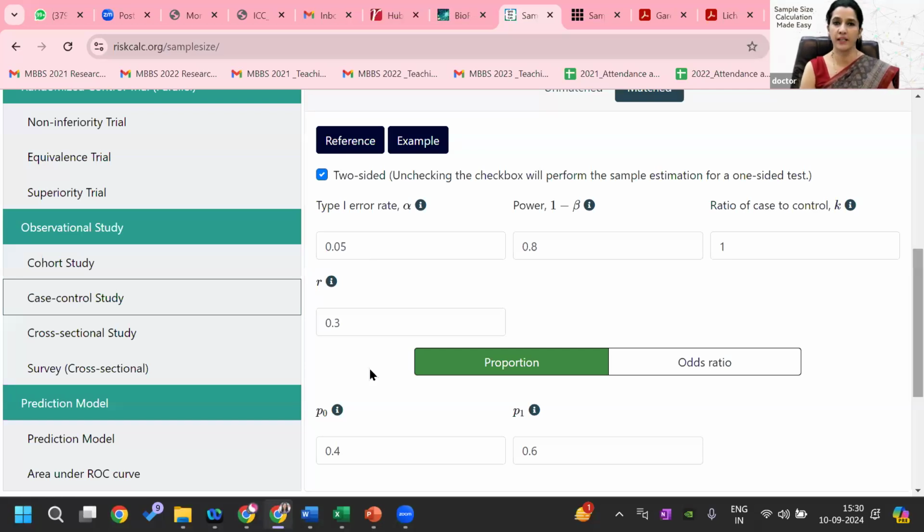But even if you don't want to calculate using a matched pair and use the unmatched sample size, it will still test the hypothesis, because the unmatched number is greater than the matched one. So it will satisfy the sample size for a matched one.